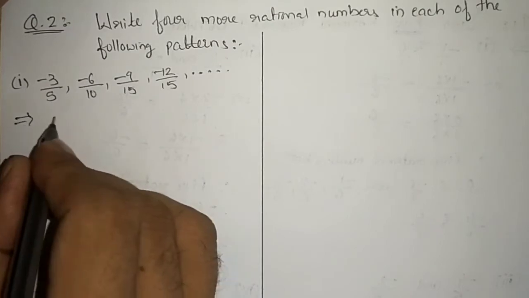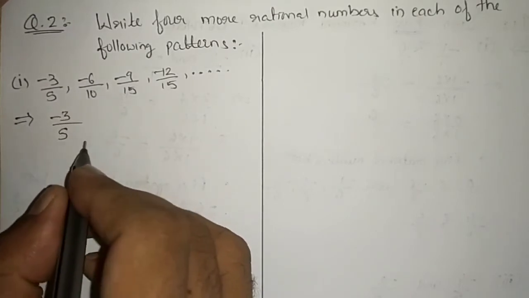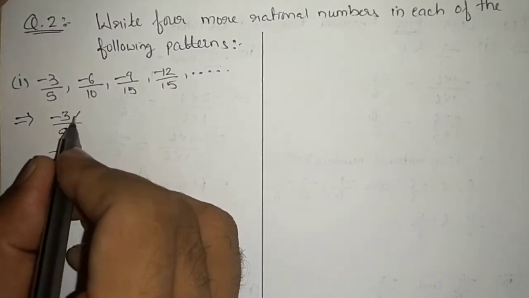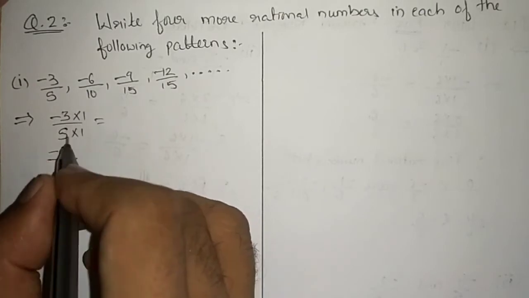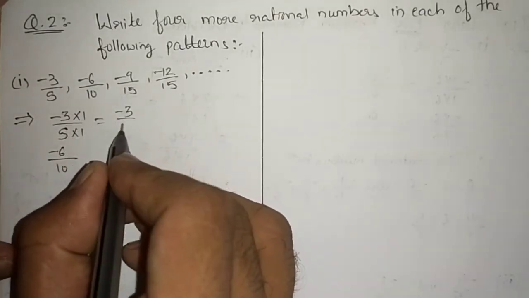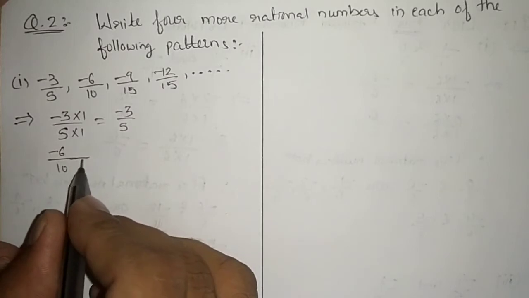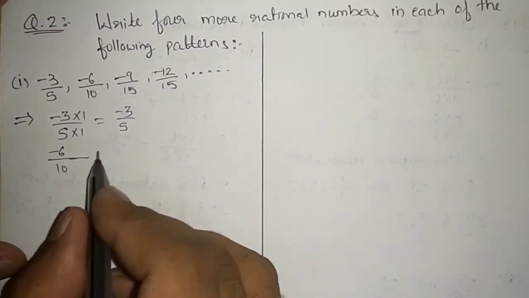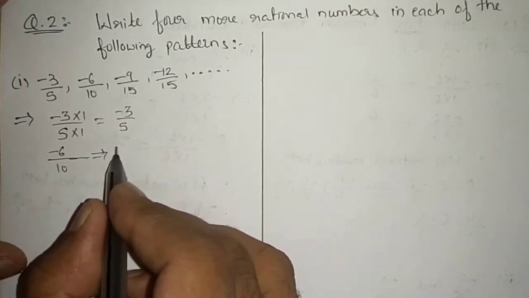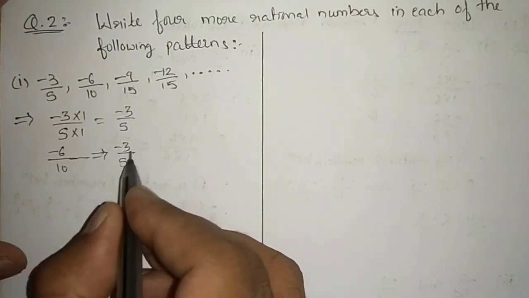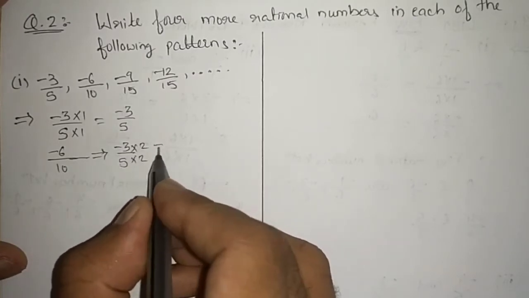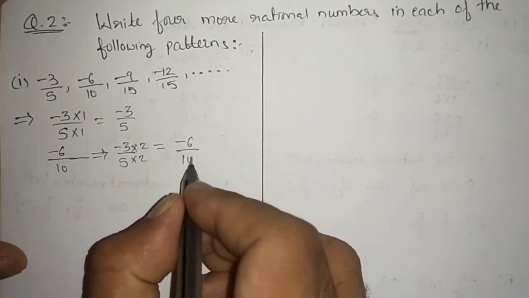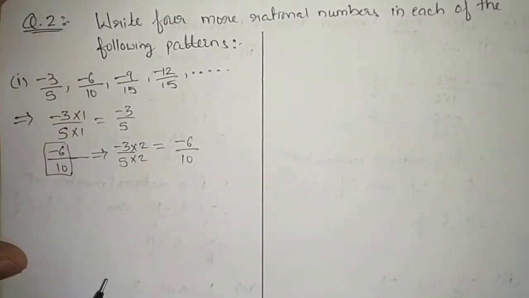In the first number they have given minus 3 by 5. Second number they have given us minus 6 by 10. If I multiply this both by 1, I will get minus 3 by 5. Now if you see minus 6 by 10, which I have got like this, minus 3 by 5, if I multiply numerator by 2 and denominator by 2, I will get minus 6 by 10, which is our number.